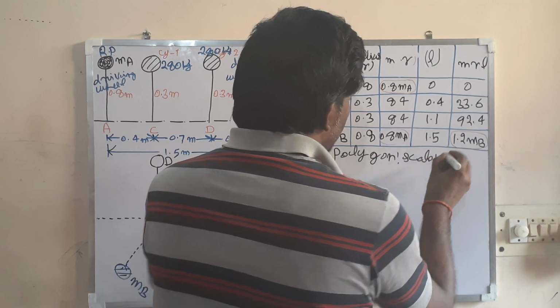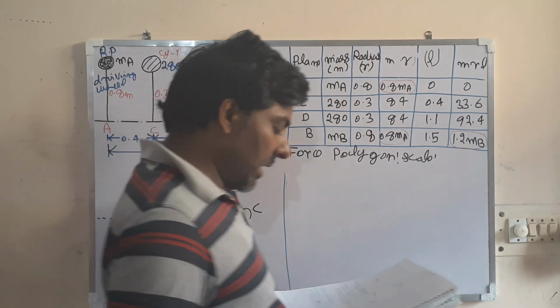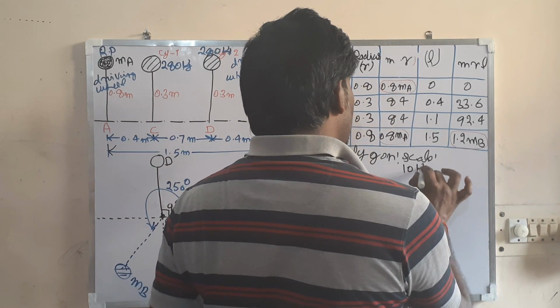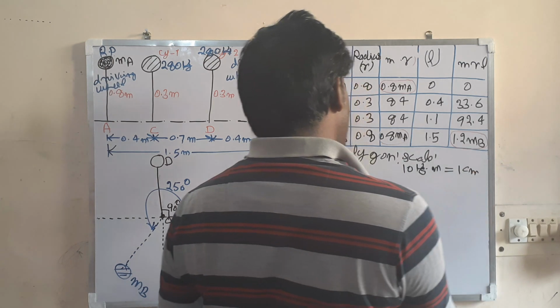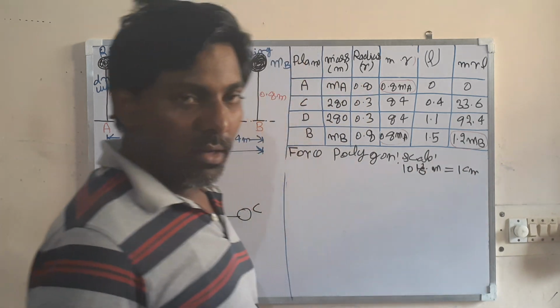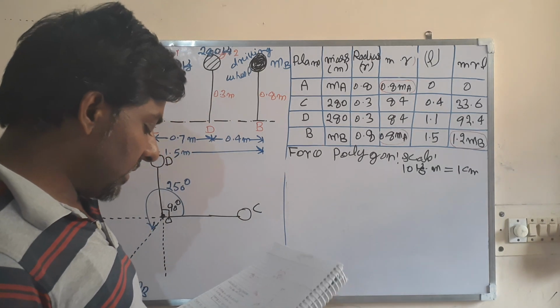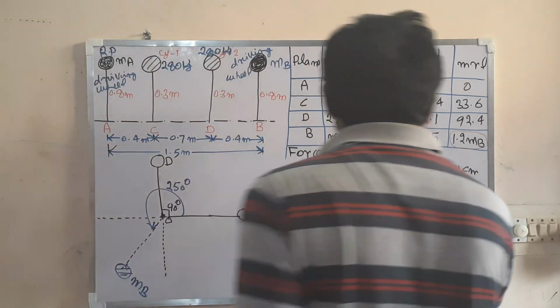What scale have I taken? I have taken 10 kg meter is equal to 1 centimeter. In this scale we have solved the problem. You can take your own convenient scale. Now, let us proceed and draw this.